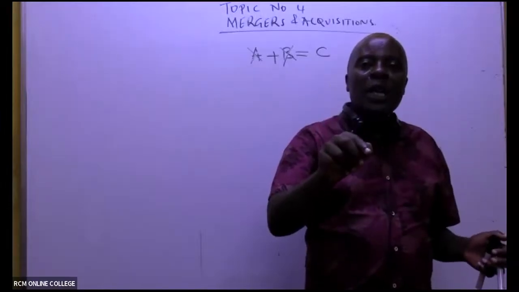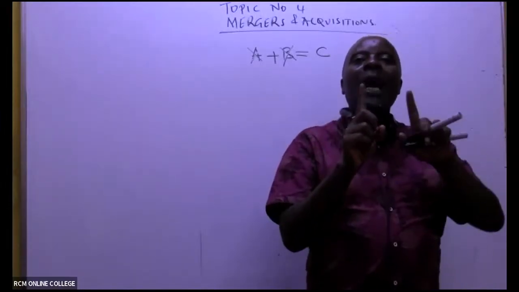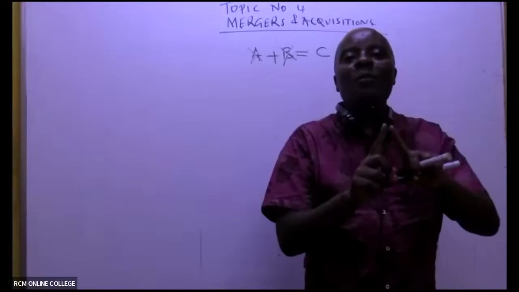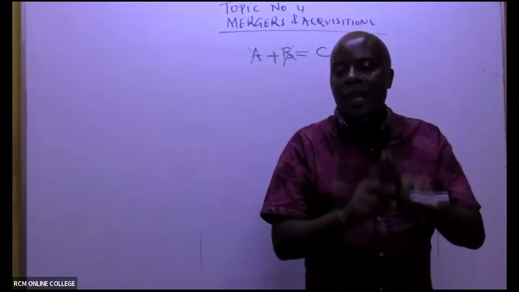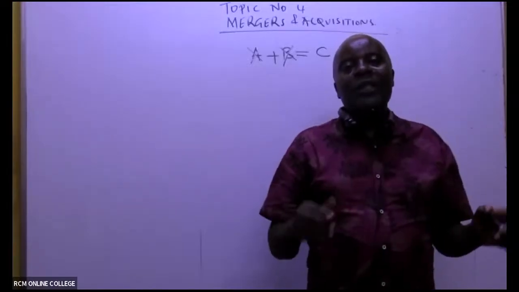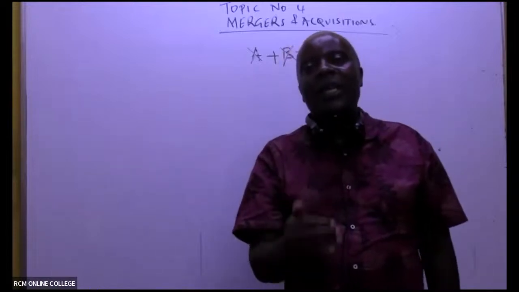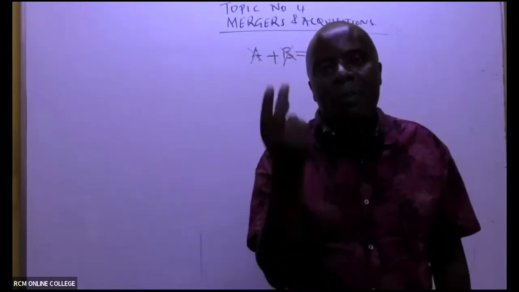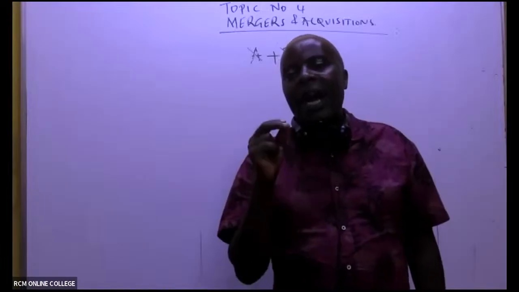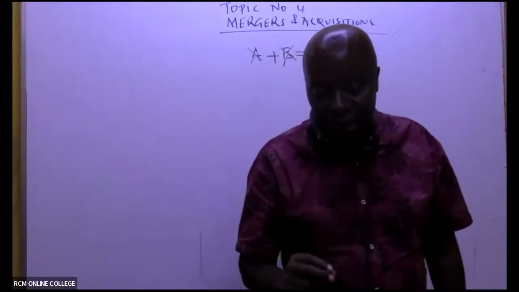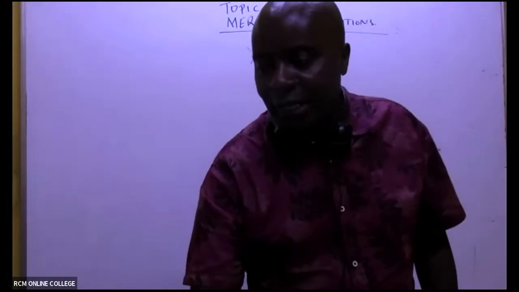And why is it closing up? It's because there is a planned merger between A and B. So the key thing under mergers is that the two or more companies that are coming together are losing their identities.